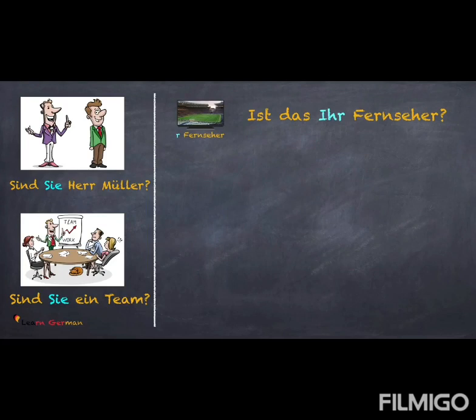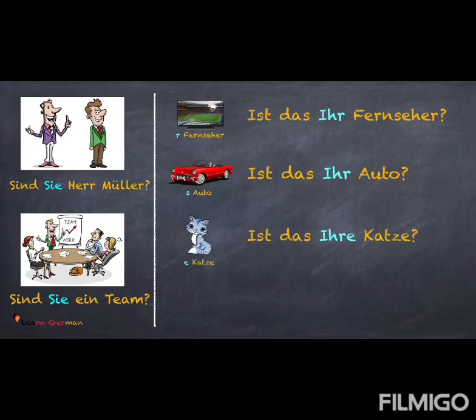Ist das Ihr Fernseher? Ist das Ihr Auto? Ist das Ihre Katze? Sind das Ihre Bücher? So for Sie, whether in singular or in plural, the possessive pronouns are Ihr or Ihre. Ihr is used when the article is der or das, and Ihre is used when the article is die in singular or in plural.